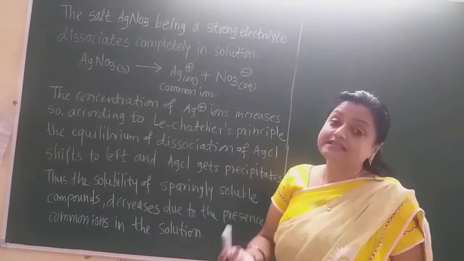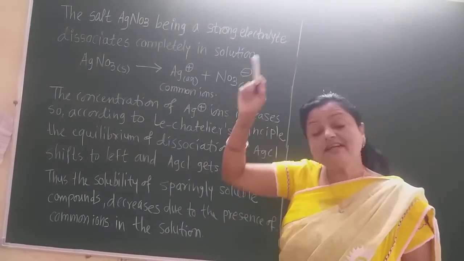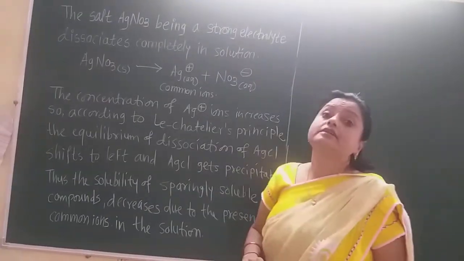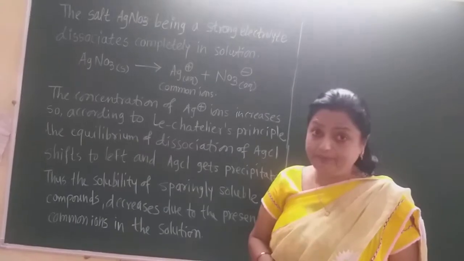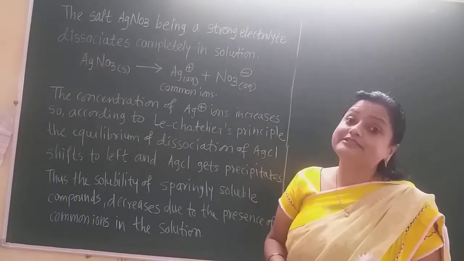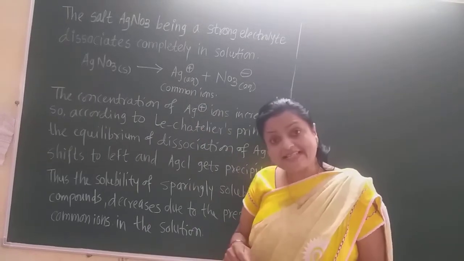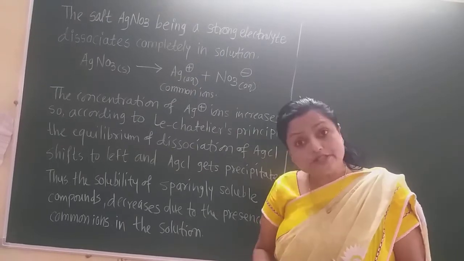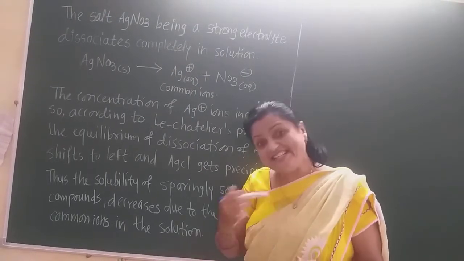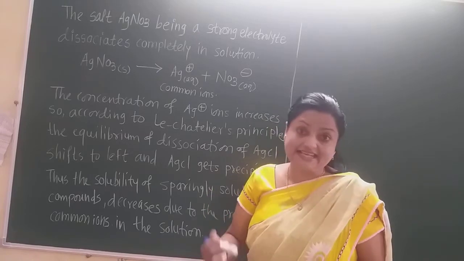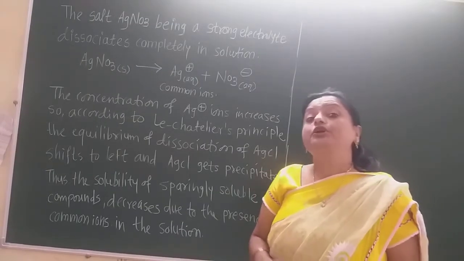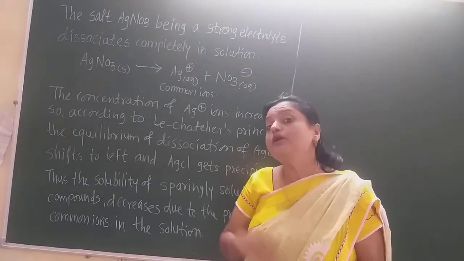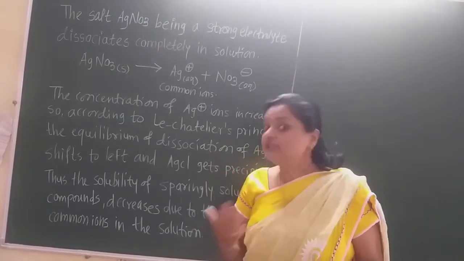This Ag plus ion reacts with the Cl minus ion of AgCl and again there is the formation of silver chloride, that is, silver chloride gets precipitated due to Le Chatelier's principle. As the concentration of this Ag plus ion increases on the right-hand side, the equilibrium shifts to the left-hand side and the dissociation of the sparingly soluble salt AgCl becomes less and less, that gets suppressed, and in this way, due to the common ion effect, the dissociation of the sparingly soluble compound gets suppressed in the solution.